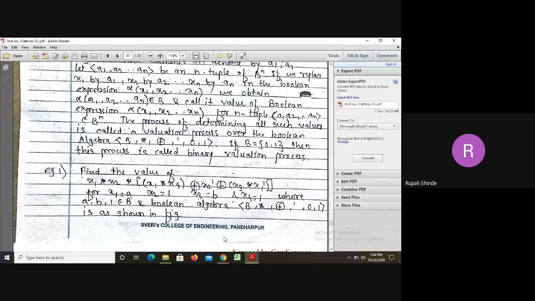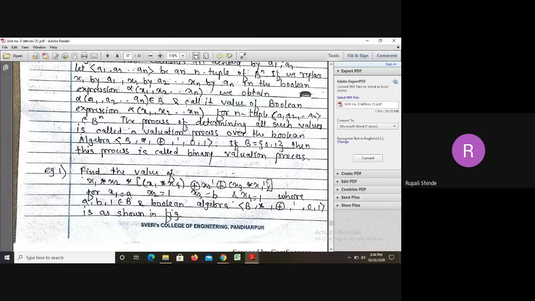Find the value of this given Boolean expression: x1 star x2 star x1 star x4 XOR x2 complement XOR x3 star x1 complement. So this is the given expression, and from this we have to find the value.